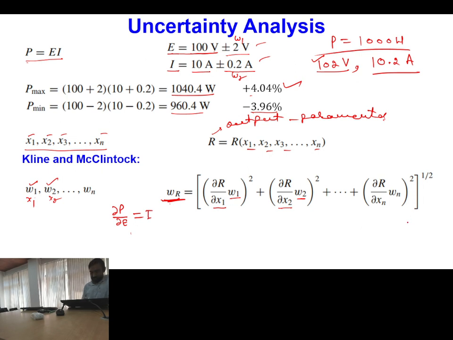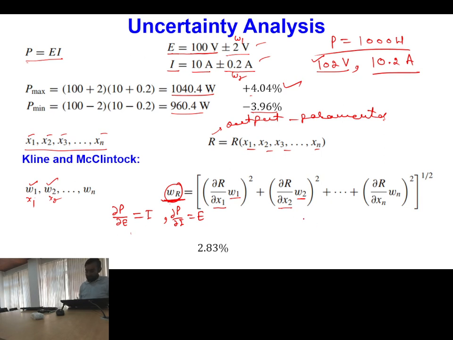It is I. And then del P by del I, which is nothing but E. Then you can simply say that the uncertainty in the resultant is the square root of I times W1 squared plus E times W2 squared. So this will be the absolute value of uncertainty in measurement of power.